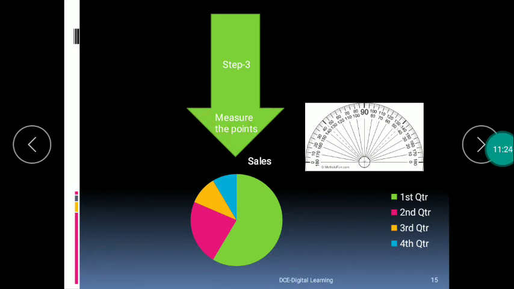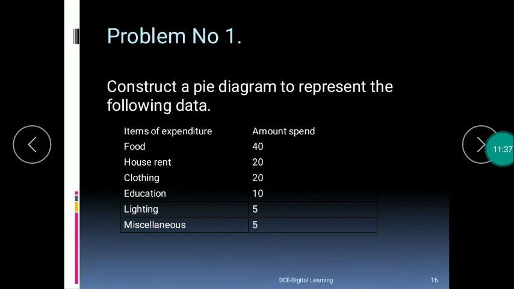After drawing the circle, we can use the protractor, and we have to plot the degrees we have calculated on the chart. So let's see by an example. So here is the problem given. Construct a pie diagram to represent the following data, and the items of expenditure are given here, and the amount spent is also given here.